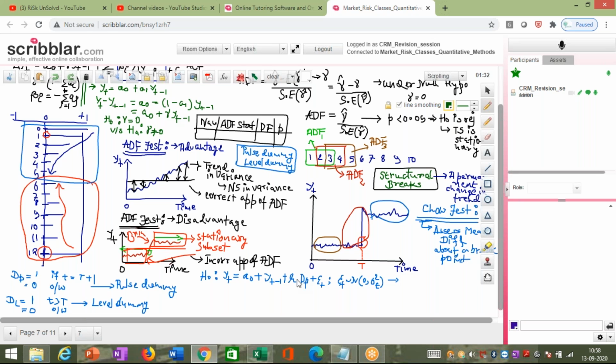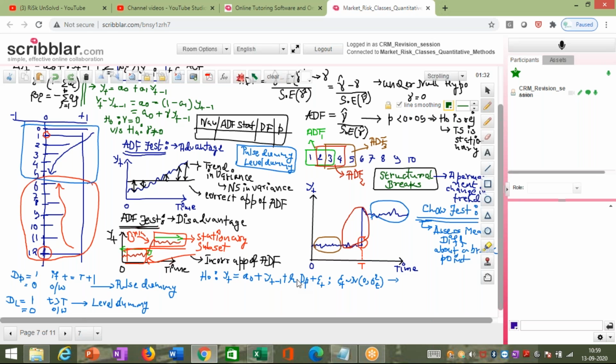Now the next thing that comes out over here is the fact that the time series was itself non-stationary already. But if there is a structural break, then there has to be a change in the mean. So previously it should be stationary. After the break, it should be stationary, but in between, there should be a mean changing impact. So that will cause the level dummy to change.